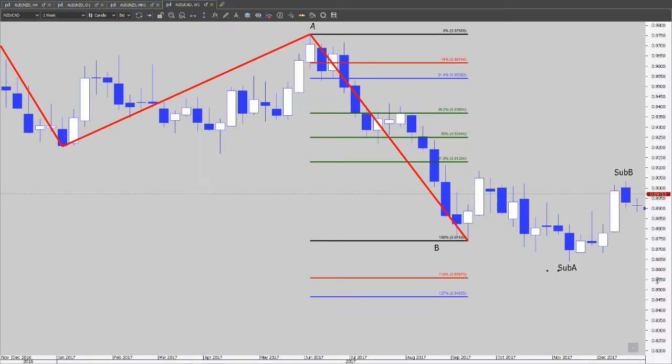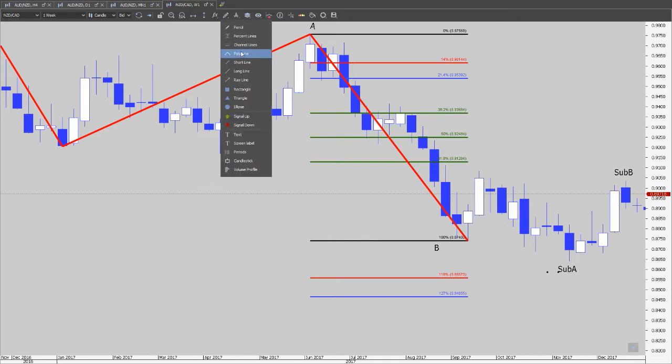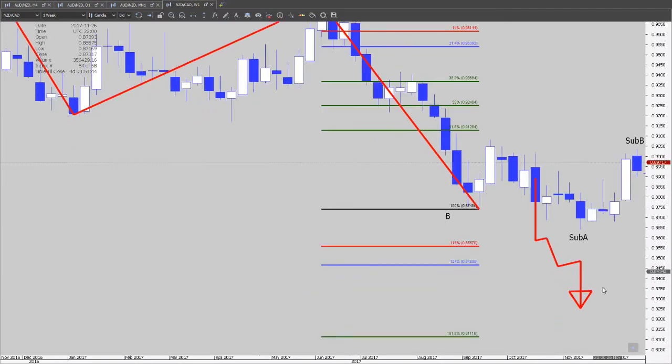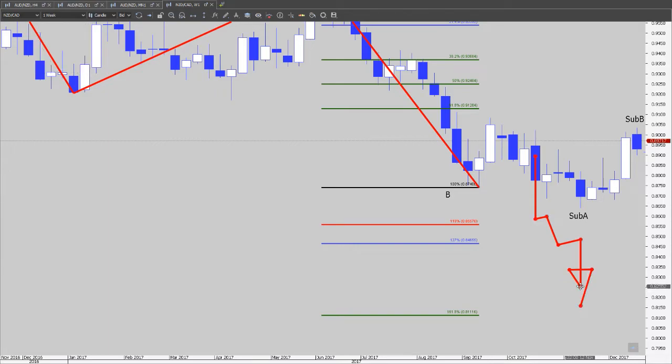Passion, how do you know? I don't know. I'm just following the market, everybody. I don't know what is going to happen, and we cannot know if there is going to be a deep retracement, right? Because sometimes the market is going to just keep falling and falling until the appropriate de-extension, right?